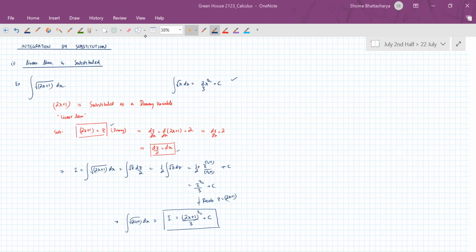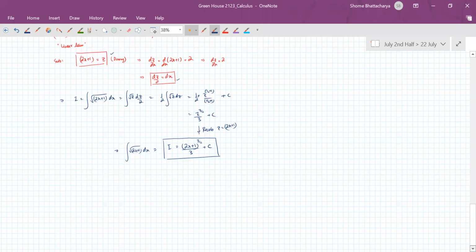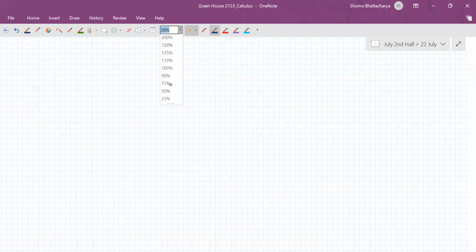Okay, so this particular example is clear, I hope, to all of you. Now we will make a general method out of this process of substitution of a linear term.